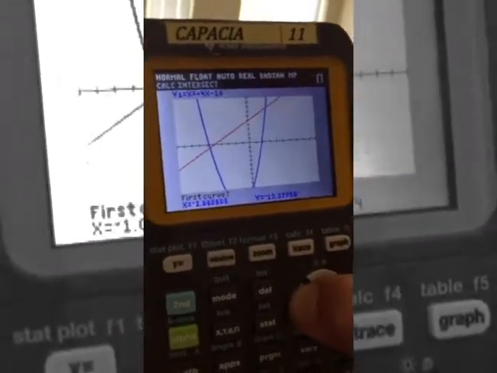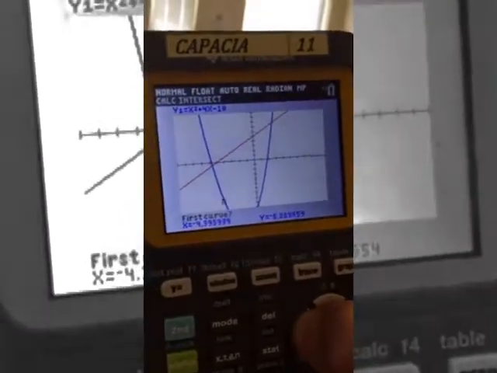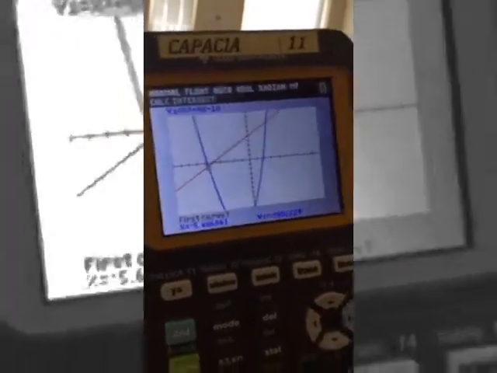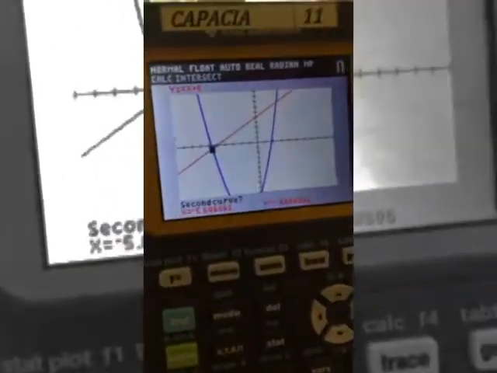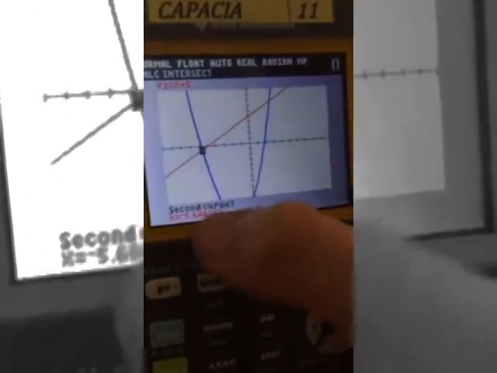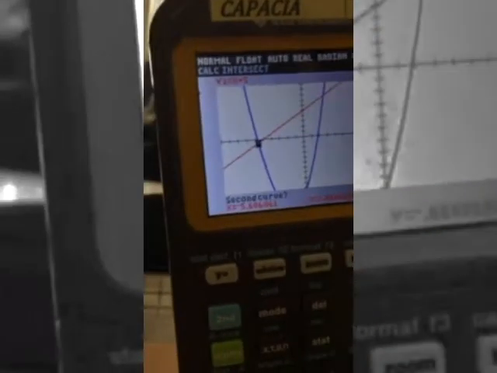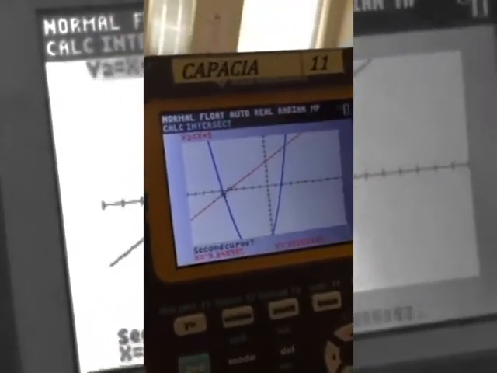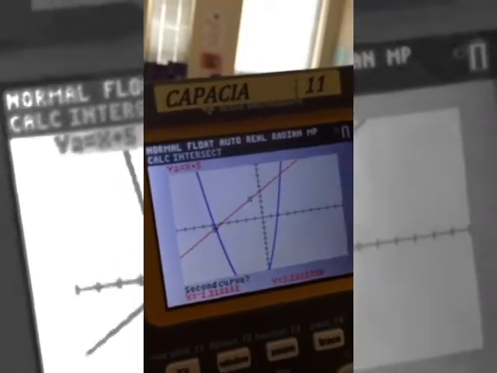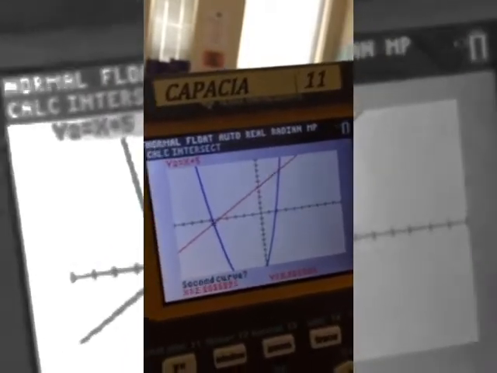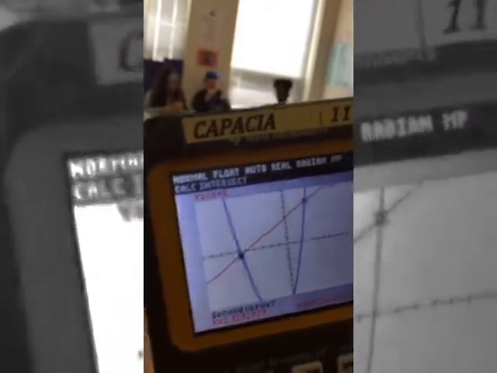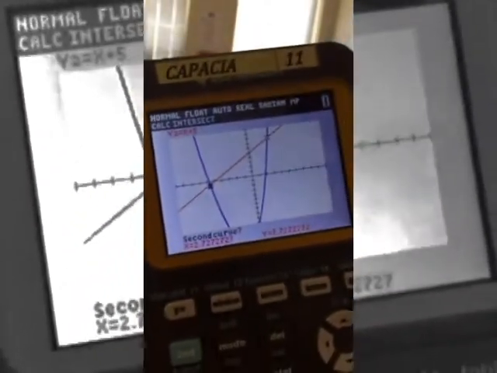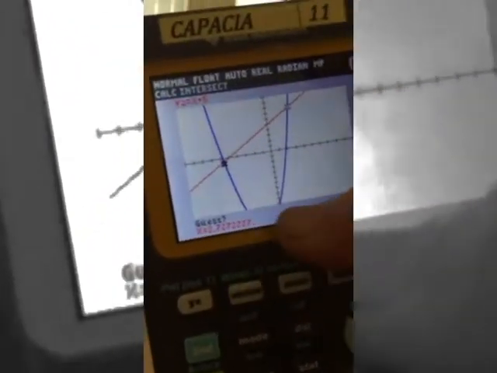So go to the first intersection over here, get as close as you can to it, and then click enter. Once you get it, it should show down here what your intersection is, and then you can go to the second intersection, get as close as you can, and enter, and that should be your intersection.